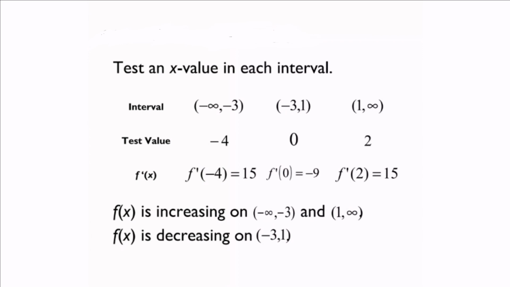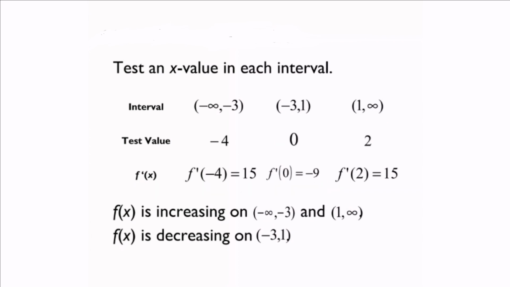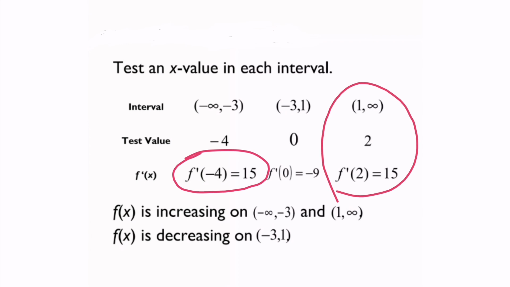Now, sign of first derivative at this test point. First derivative at a point minus 4 is equal to 15, first derivative at a test point 0 is equal to minus 9, and first derivative at a point 2 is equal to 15. So clearly, first derivative is positive in first subinterval, and derivative is positive in third subinterval.